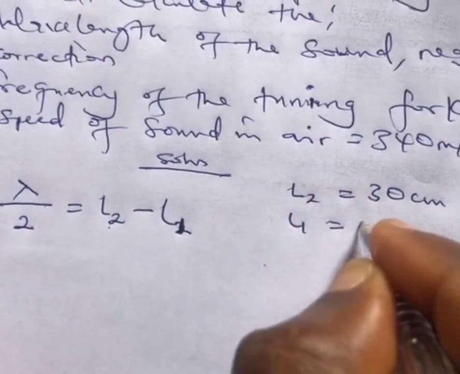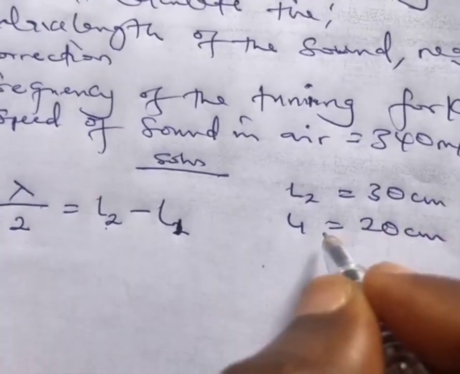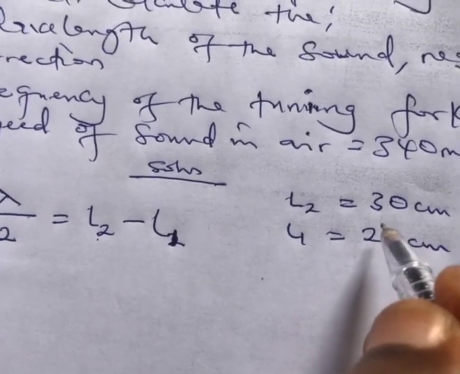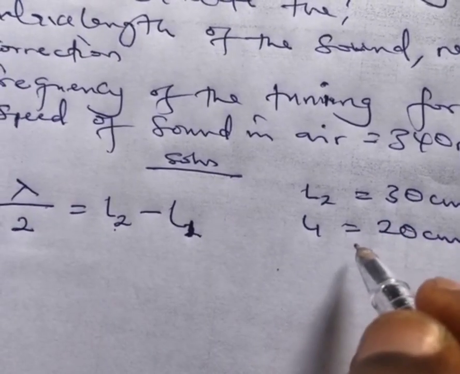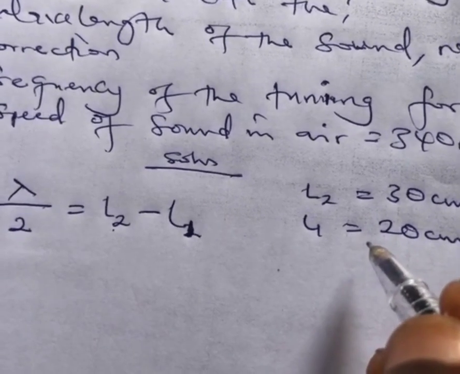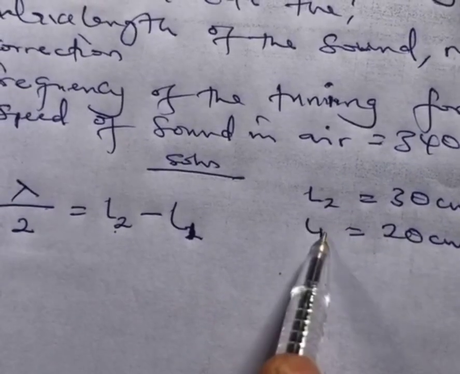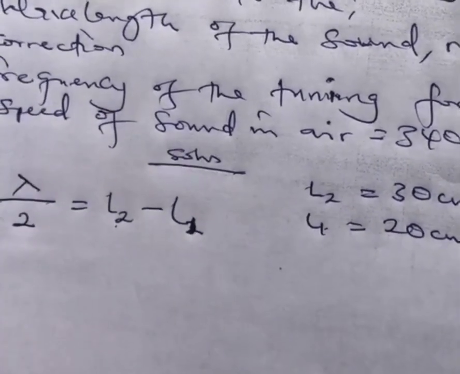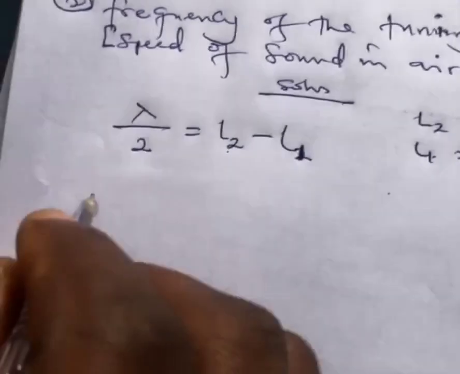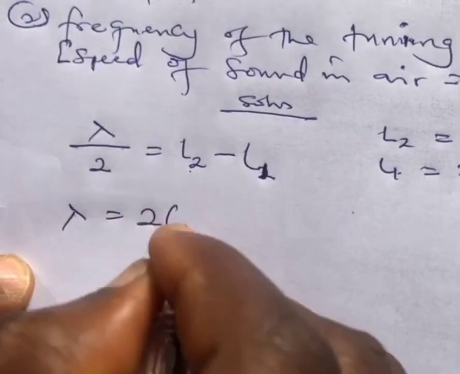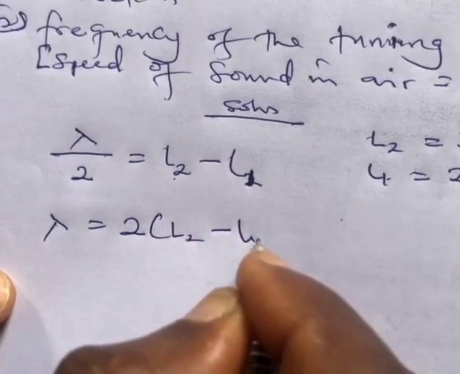L1 is 20 cm. So L2 is the point where we hear the second resonance, whereas L1 is the point where we hear the first resonance. The difference between these two will be equal to half of the wavelength. So which simply means the wavelength, lambda, will be 2 times L2 minus L1.